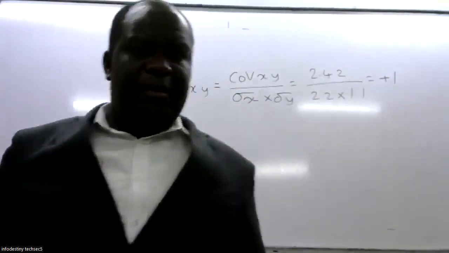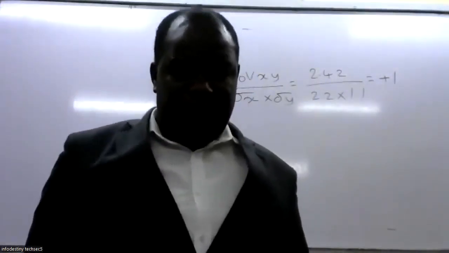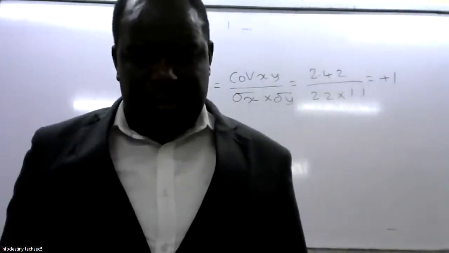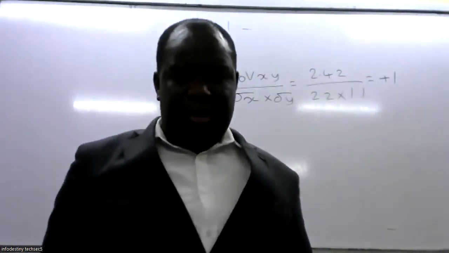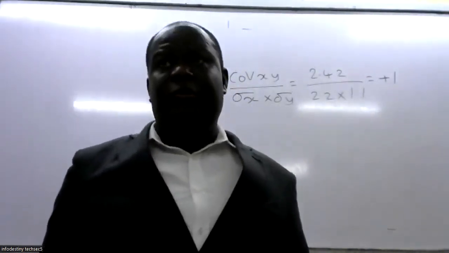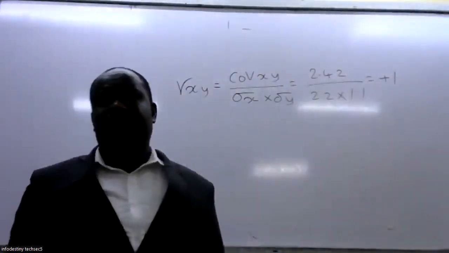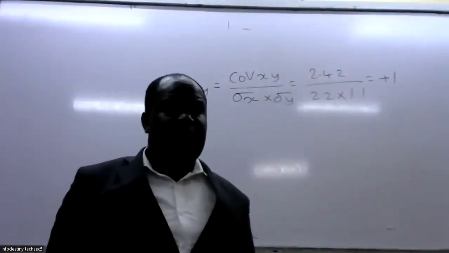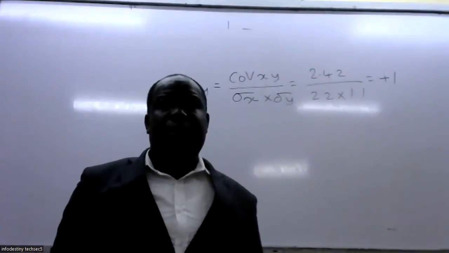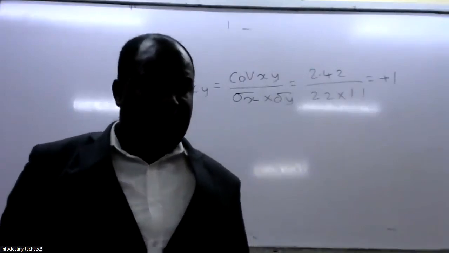So that is our Roman letter 2 of that question for November 2019, where they wanted you to get the correlation coefficient. Before you get the correlation coefficient, you must have calculated the covariance. I've already shown you how to get the covariance.